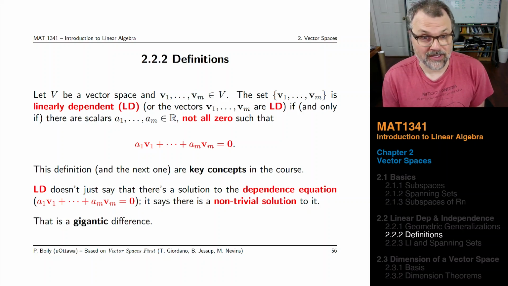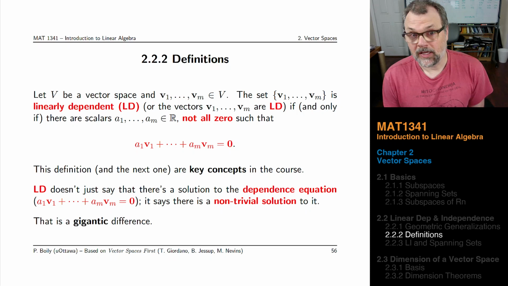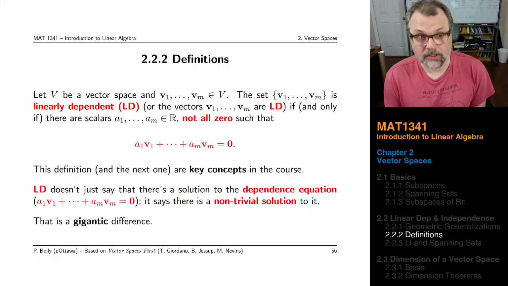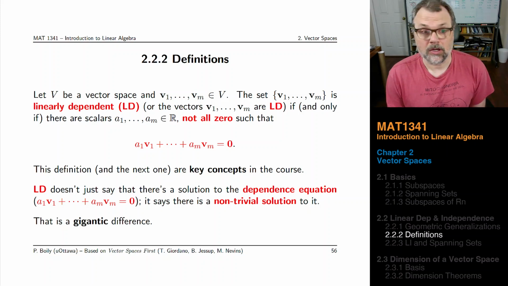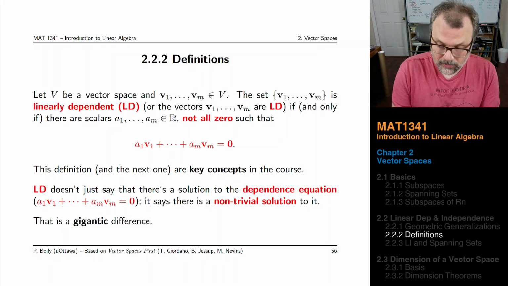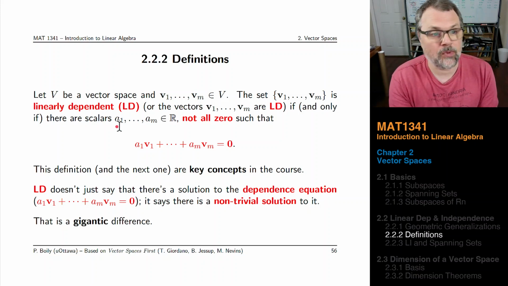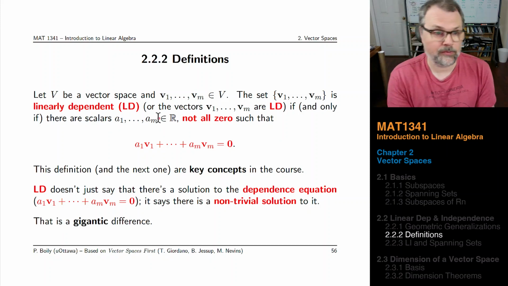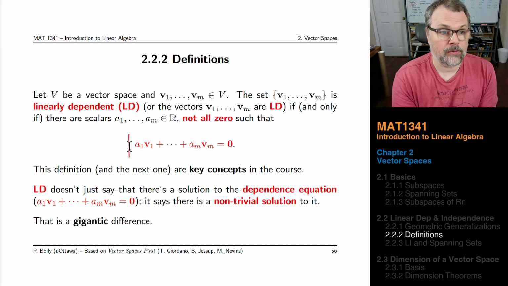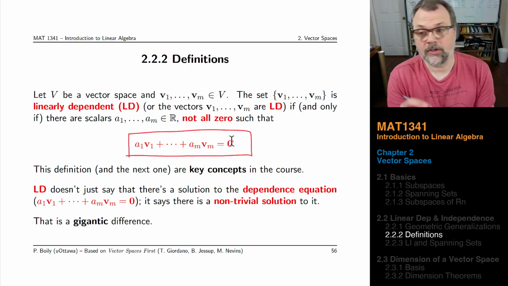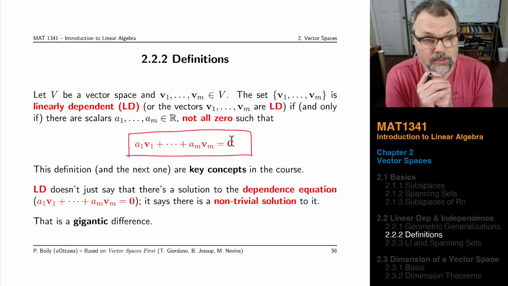The vectors themselves are LD if and only if you can find a non-trivial linear combination of these m vectors that adds up to the zero vector. In other words, you can find m scalars a1 all the way up to am, at least one of which is different from zero, that gives you a linear combination of the m vectors being equal to the zero vector.